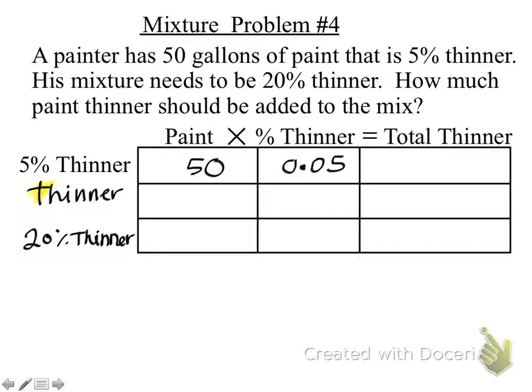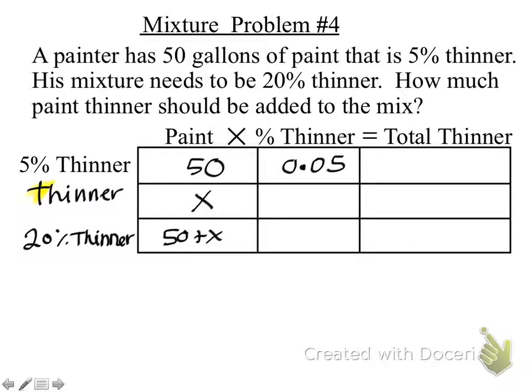Now, do we know how much thinner? No. So we call it X, and what would the total be? 50 plus X. Good.